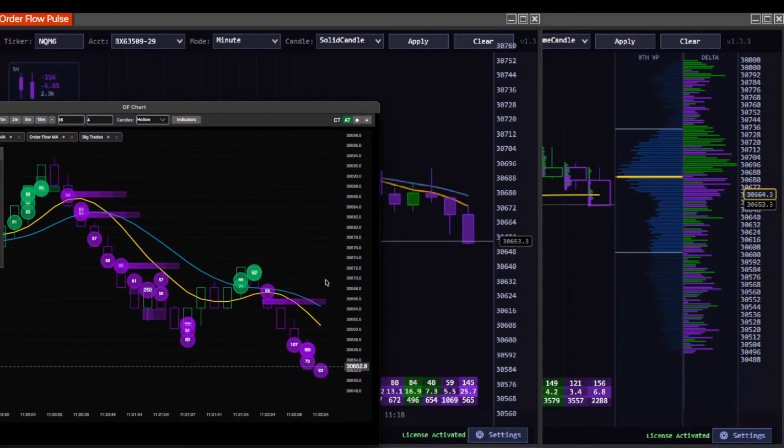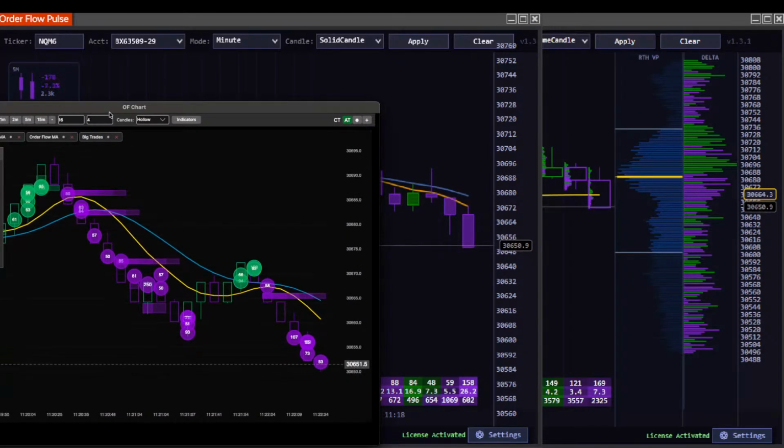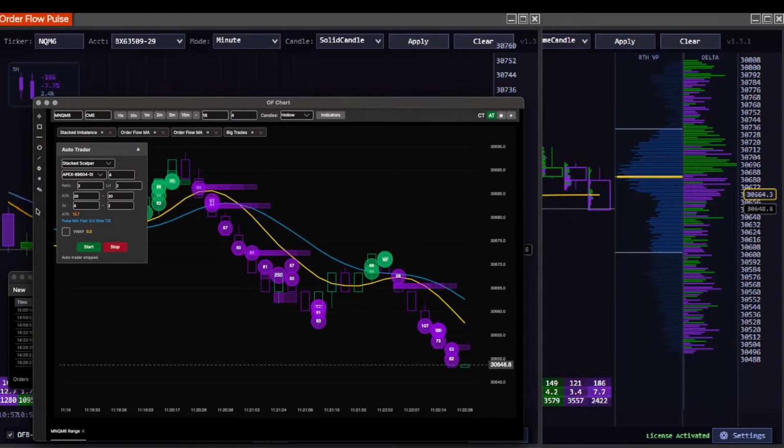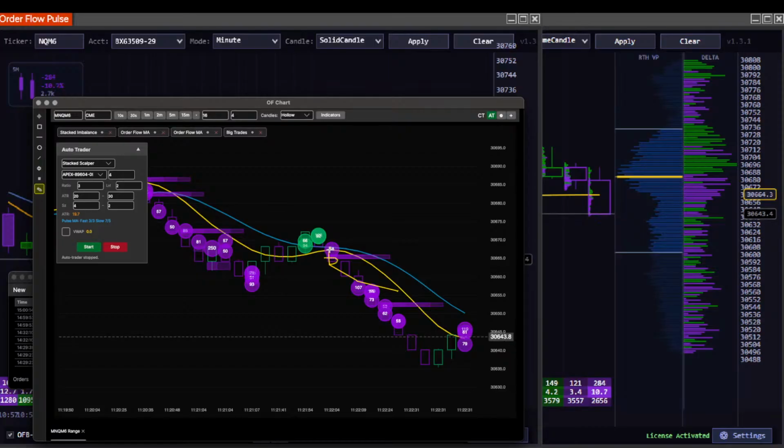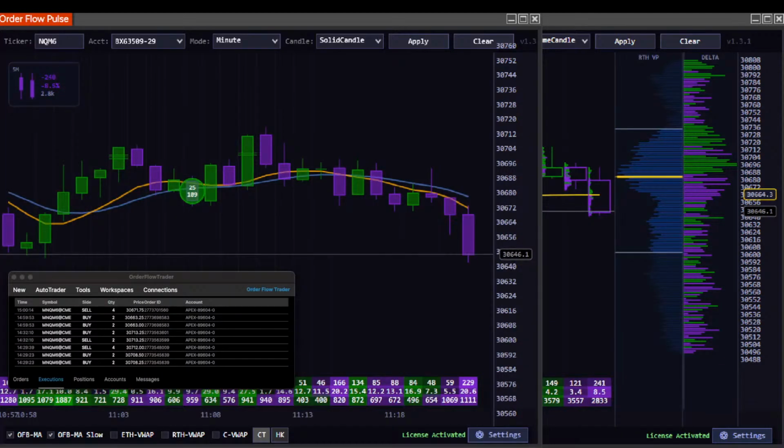It would have taken this right here because this cell is a sell imbalance with a large aggregated seller. The fast moving average is below the slow, so we've taken that and gotten out right here.